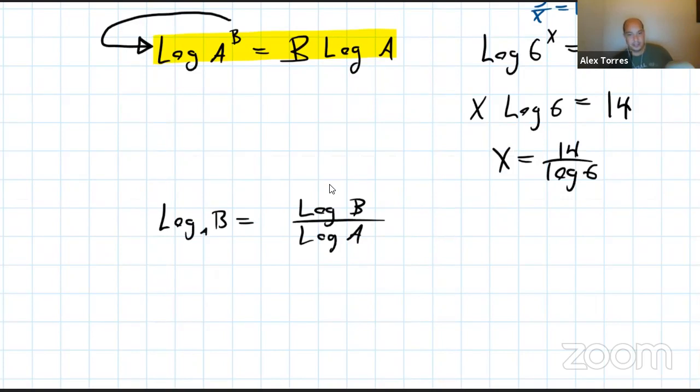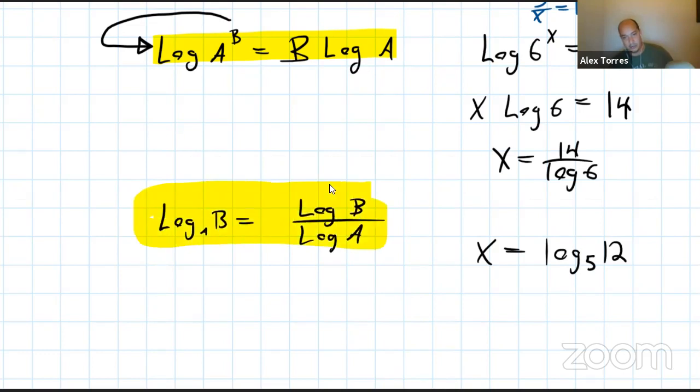Well, for instance, if I did a lot of solving and I got to the point where x came out to the log base 5 of 12, let's say, just awareness of this tiny rule could get you to the next step, where we basically now know that we can go into our calculator and just type in log of 12 divided by log of 5 and get whatever decimal answer that gives you there.